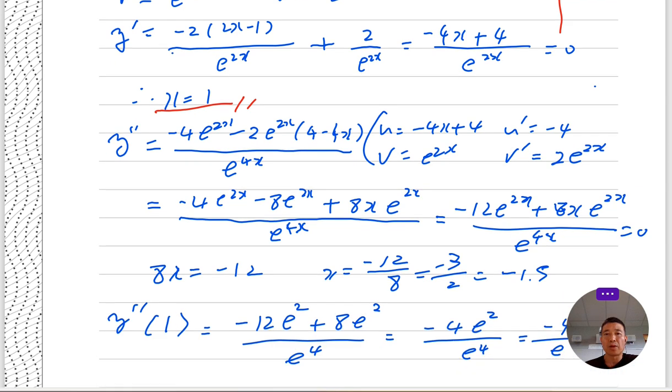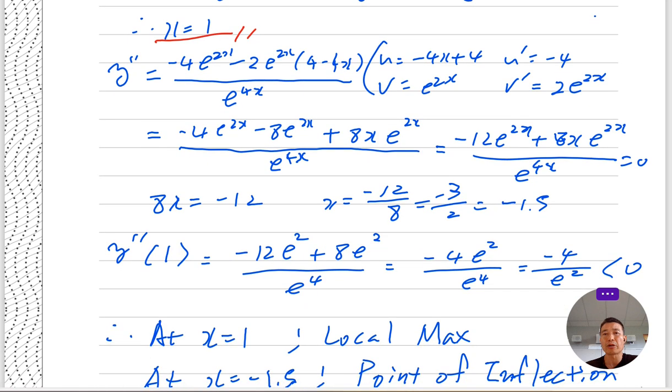So the formula for quotient rule is vu prime minus uv prime over v squared. That's what I did, and equals 0. What I did is I found a point of inflection, right? So second derivative equals 0 means that's a point of inflection. It turns out x is negative 1.5, right?